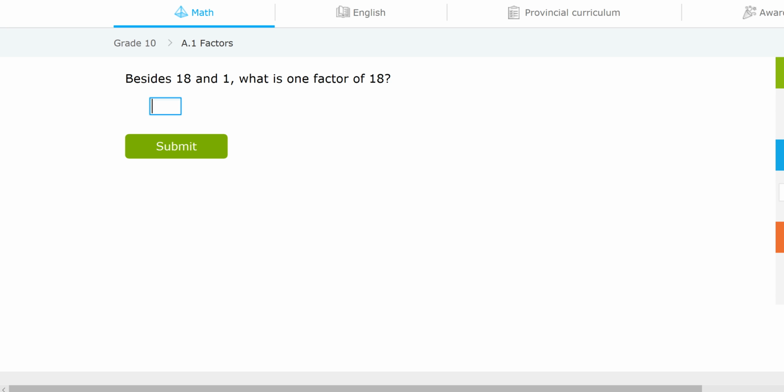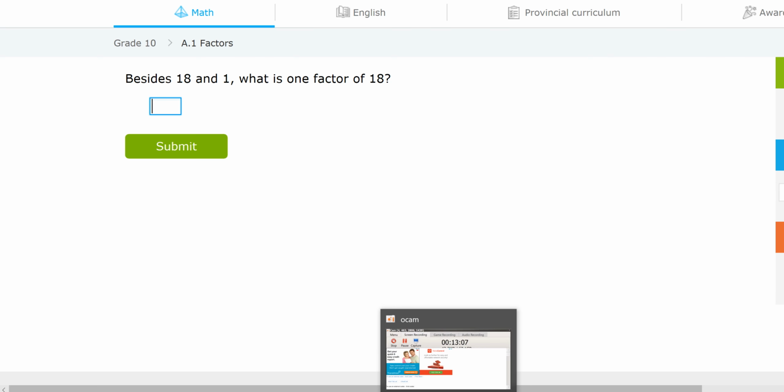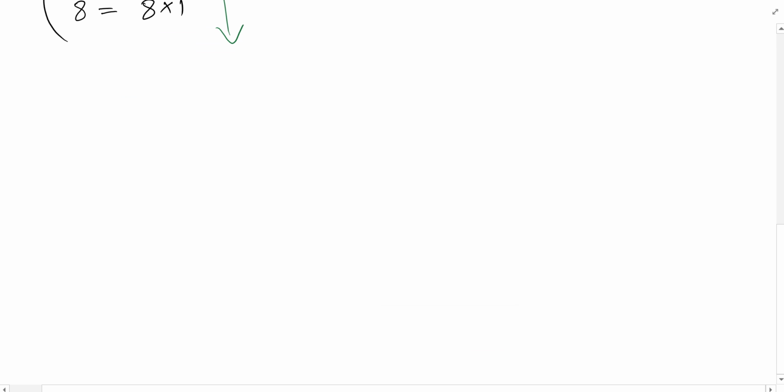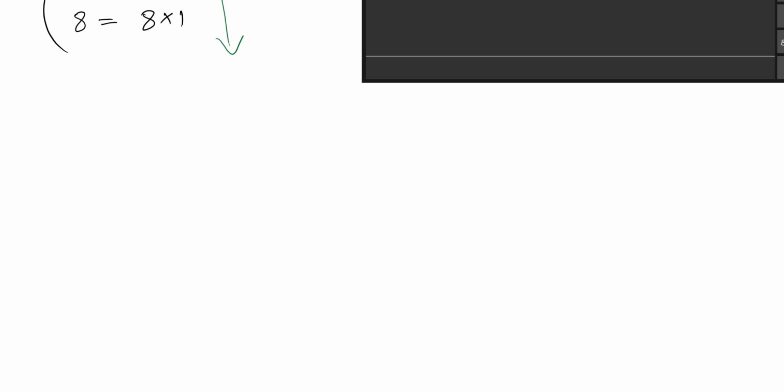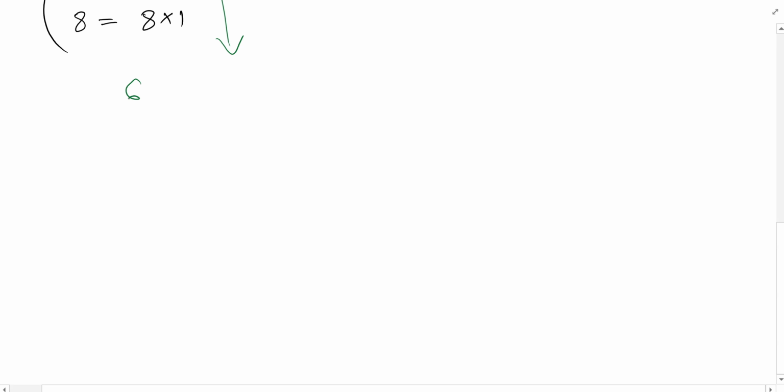Yep, 6 times 3. That's right. So 6 times 3 makes 18. So 6 is a factor. 3 is also a factor of 18.